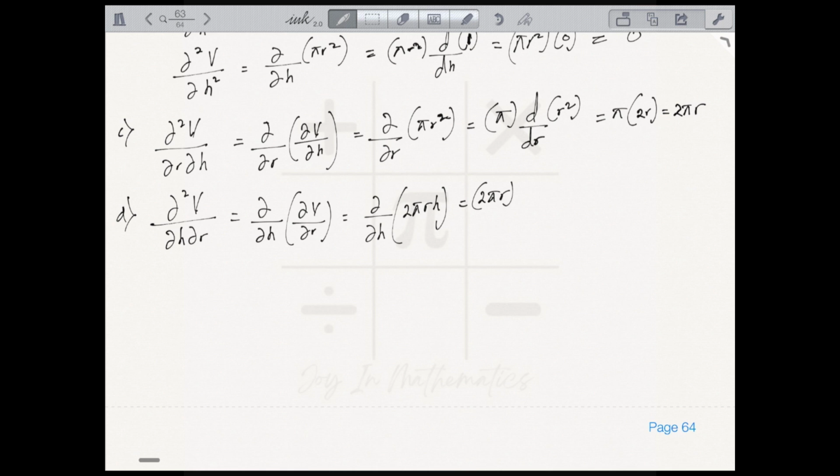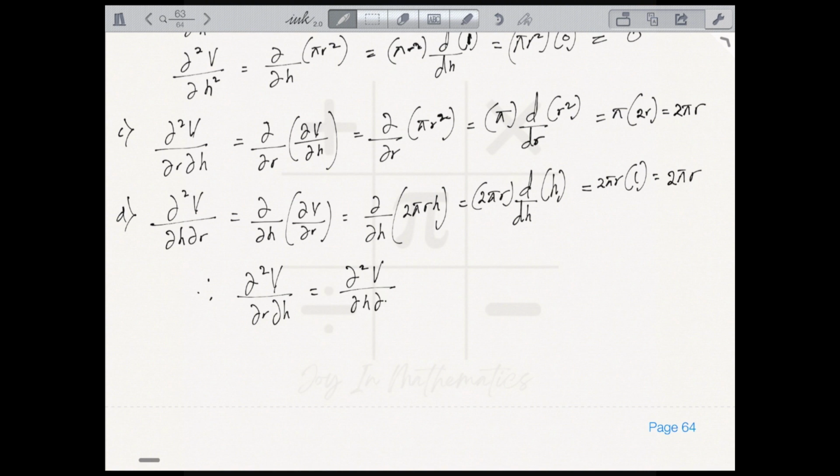So we have 2 pi r, and differentiation with respect to h of h, and we have 2 pi r multiplied by 1, and we have 2 pi r. Now we notice something, that this is equal to this. Therefore, it can be said that d square v dr dh is equal to d square v dh dr.